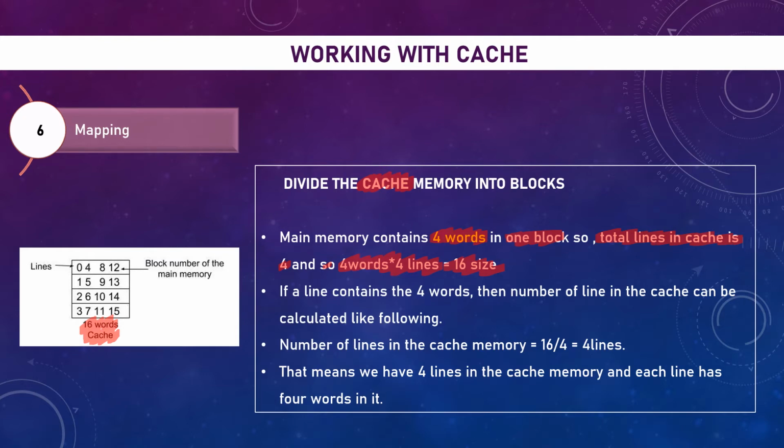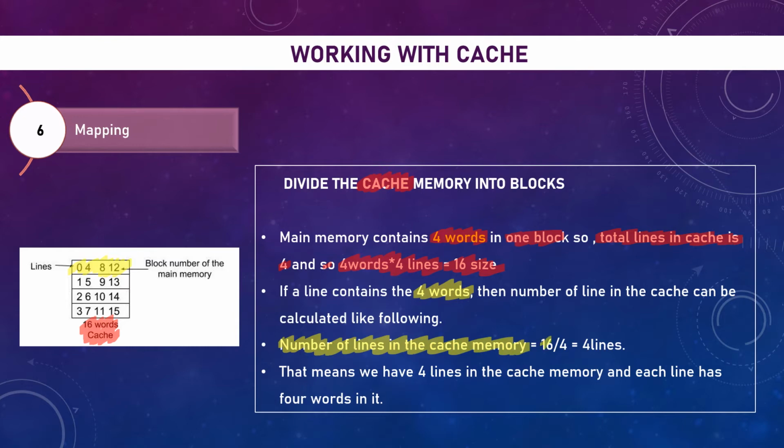If a line contains 4 words, as we can see this line contains a total of 4 words, then the number of lines in the cache can be calculated like this: total words 16 divided by 4, and we need a total of 4 lines in the cache memory.